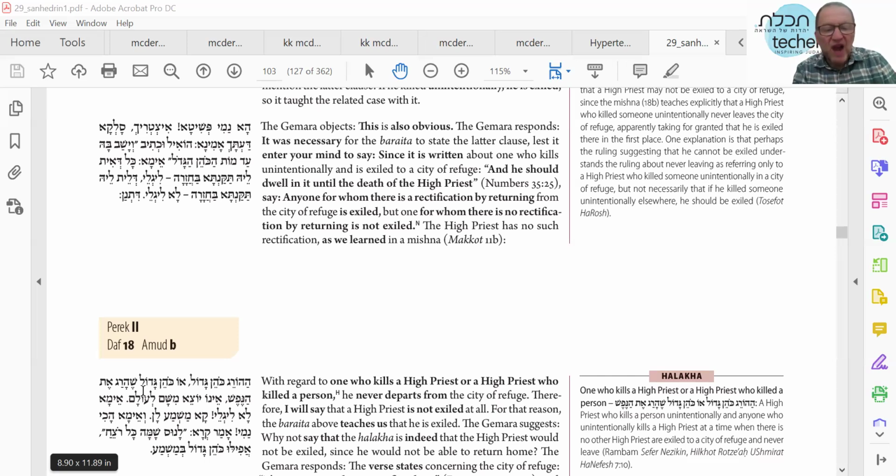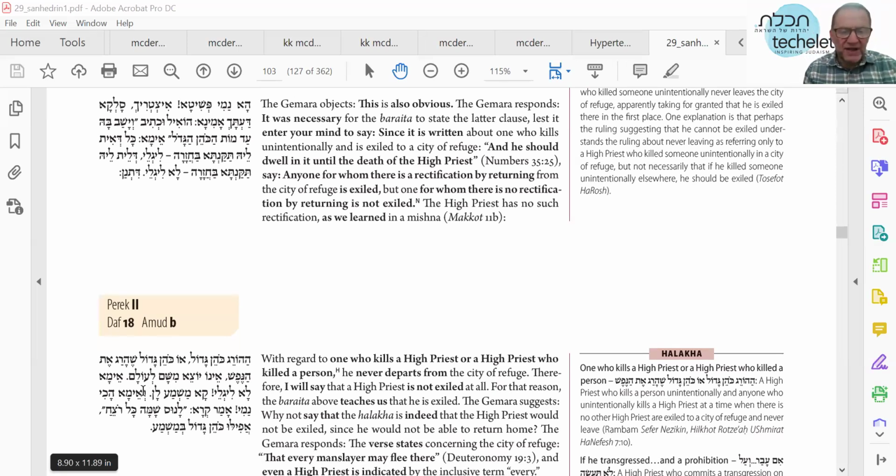So that's the case. So now we've got a problem. Why would you not think that? But hang on a minute. The Gemara gives us a retort here.